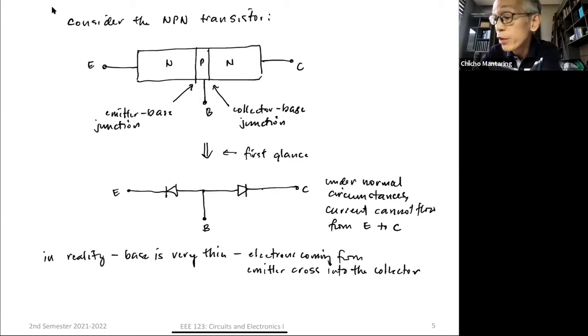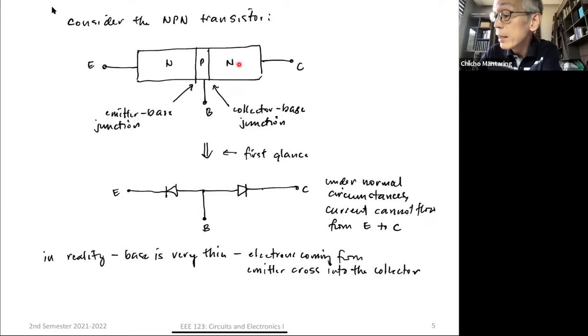Base to emitter means positive charge carriers from P to N, because current is always positive charge carriers. But in reality, because this is an NPN, it's electrons flowing from left to right. Now, instead of recombining with holes and coming out in the base, because it is very thin, some of these electrons are going to go to the collector.